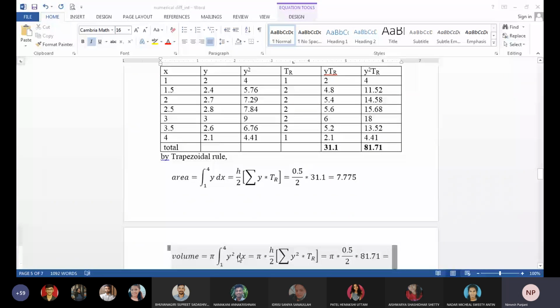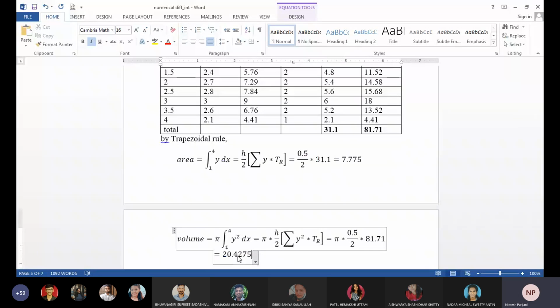This turns out to 0.5 into 81.71 divided by 2, which is 20.4275. So 20.4275 into pi is what I get for the volume.